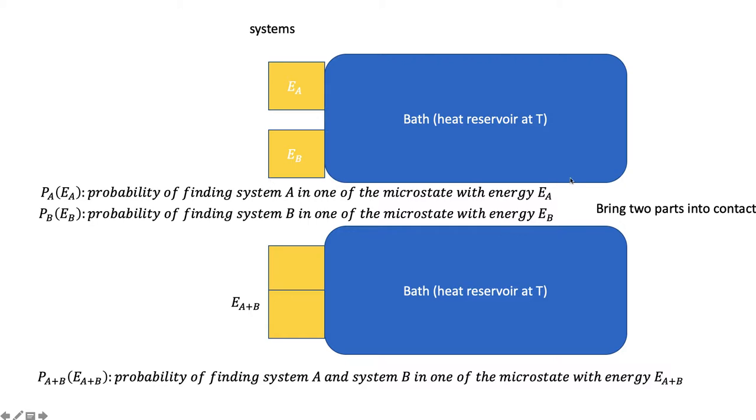Now, the change I'm going to make is to bring these two parts into contact with each other. There's no energy change and no particle exchange, they're just together. We denote that P(A+B) will be the probability of finding systems A and B in one of the microstates with energy E(A+B).